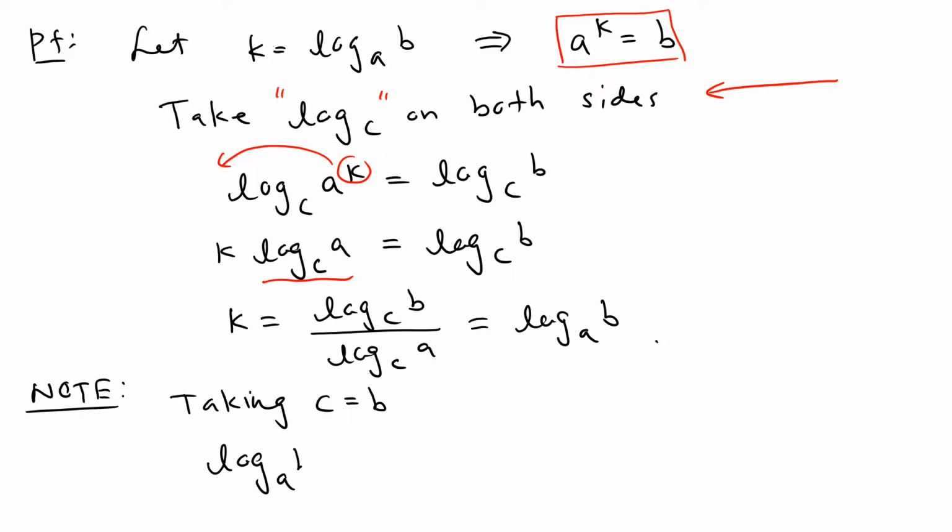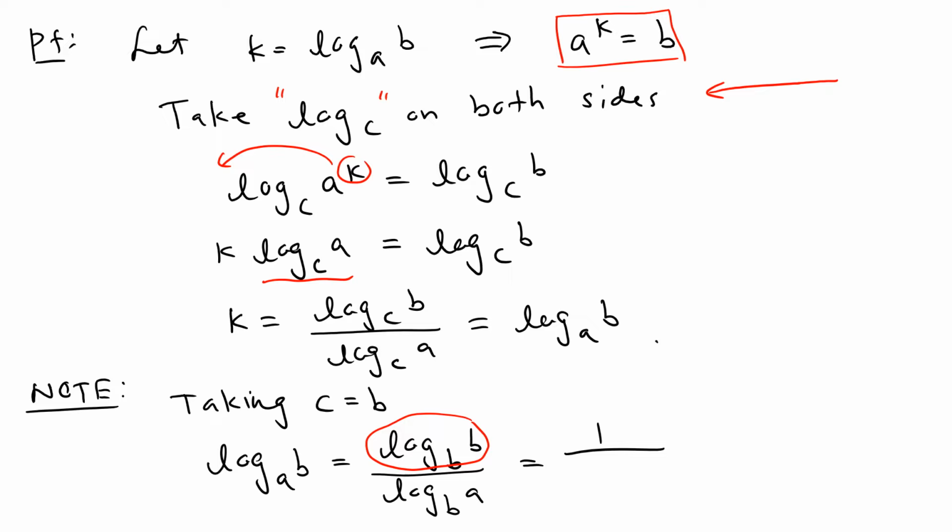Log base a of b simply becomes, with c equal b, log b b over log b a. But we know that log b b equals 1. That means this simply becomes 1 over log b a. So we change the order from a b to b a, and it becomes 1 over.